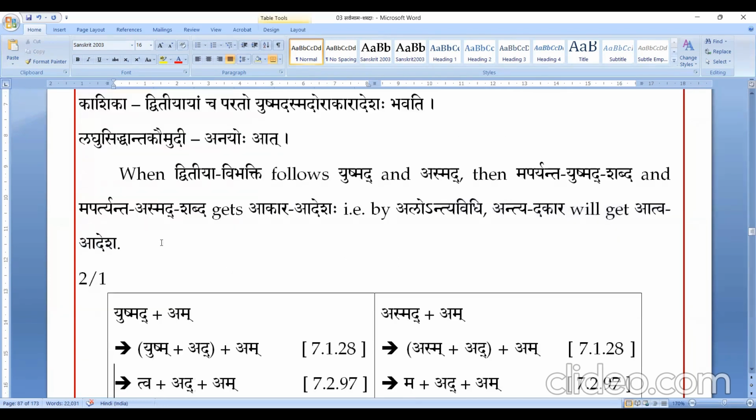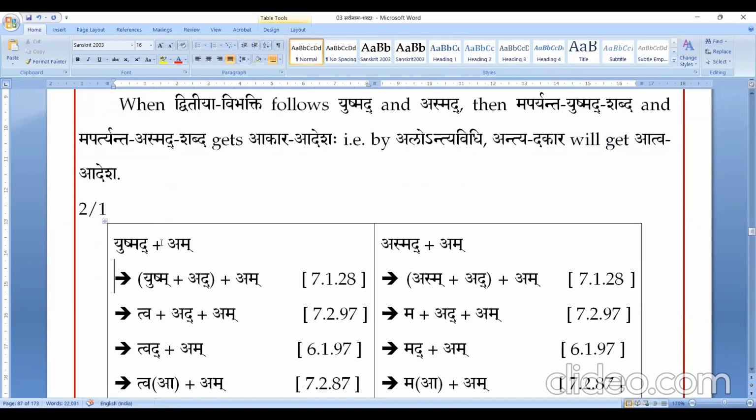Now let us see the derivation. Yushmad plus first step. By 7.2.28, even though it is there, replaced by the sutra. So replaced by paranyatva nyayavat.